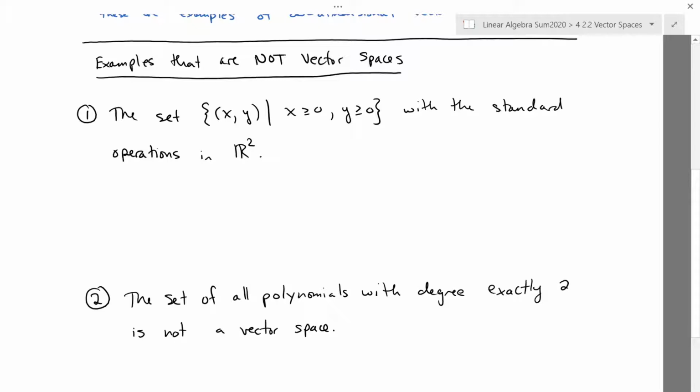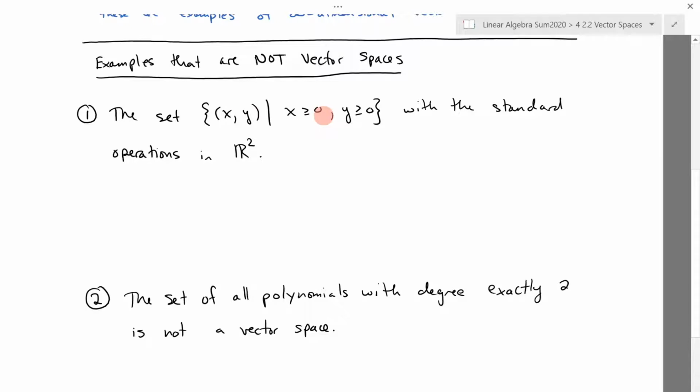Here, this set is described as the set of x and y coordinates where both x and y are non-negative.